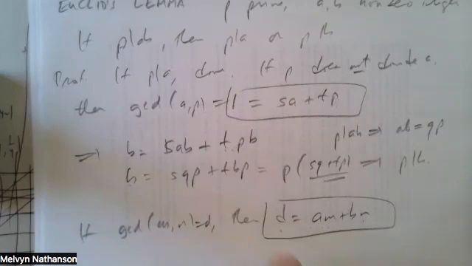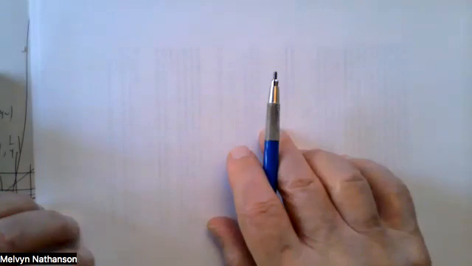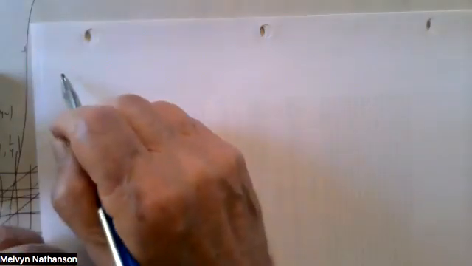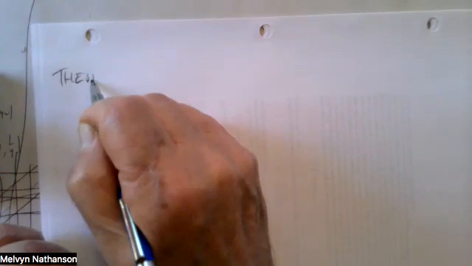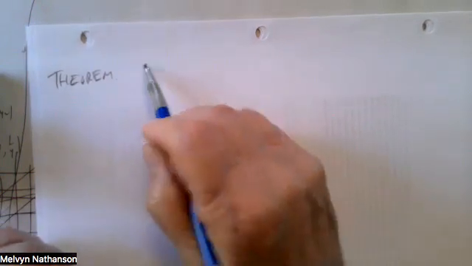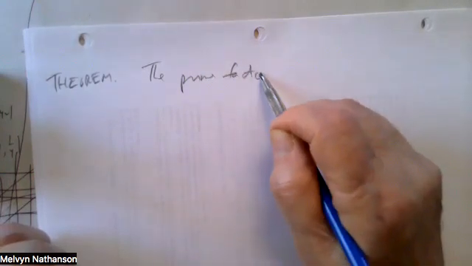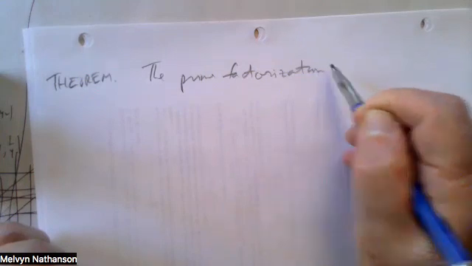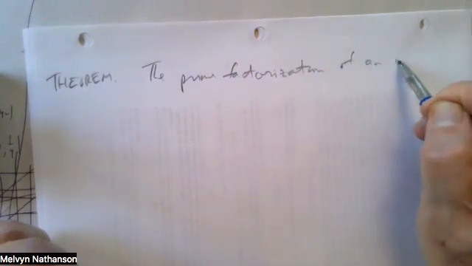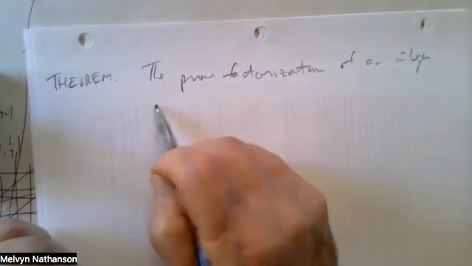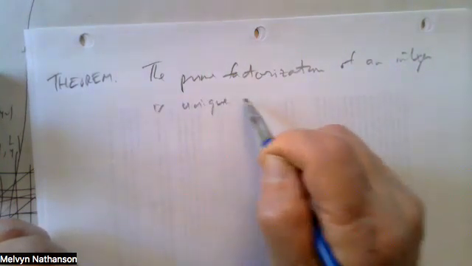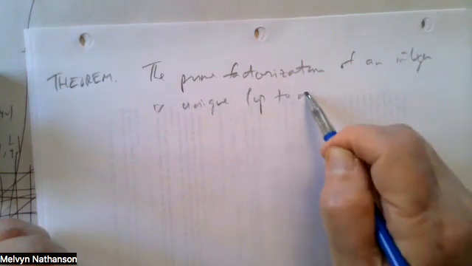Okay, so now we've reached the point I wanted to get to, which is I can now prove what is called the fundamental theorem of arithmetic, which says the prime factorization of an integer is unique up to order.